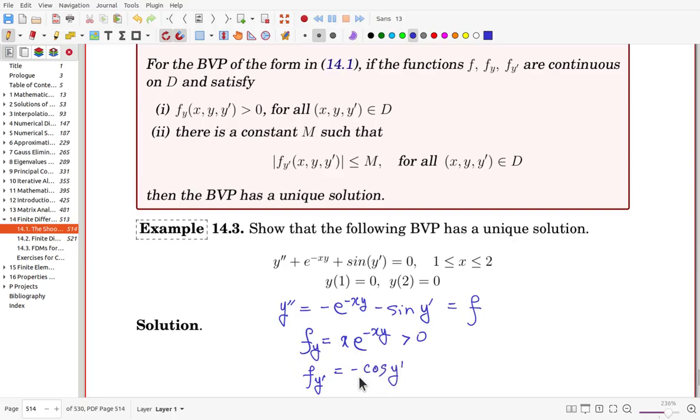We know that the sine and cosine have values from minus 1 to 1, so that this is bounded by 1. Okay, so this condition is also satisfied, which means that the given problem has a unique solution. It's simple, right?